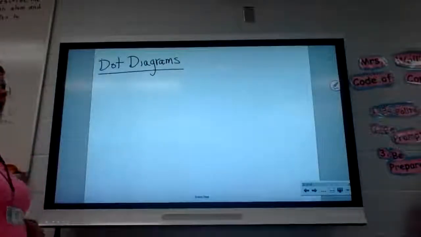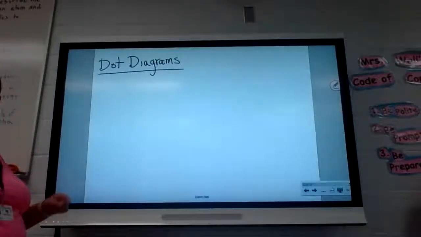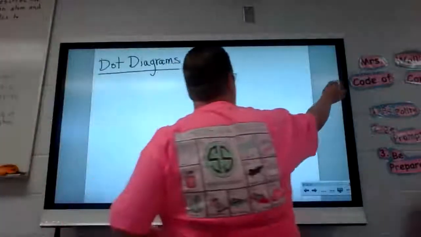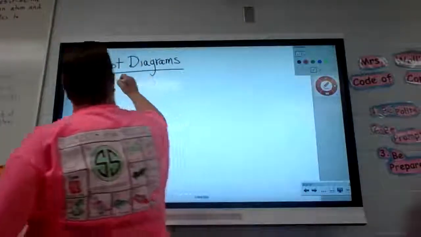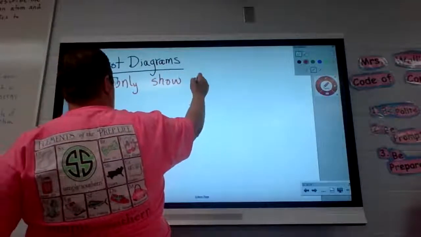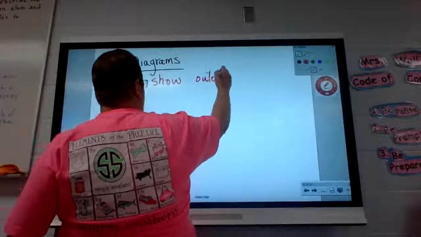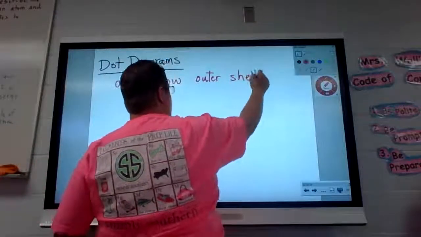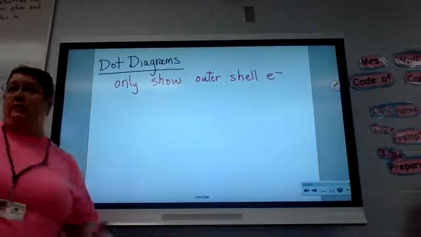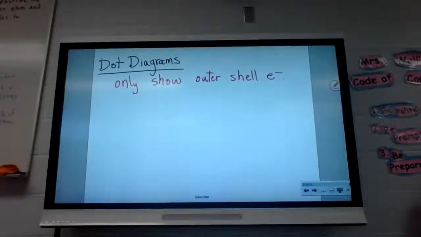Now, dot diagrams are different from orbitals and electron configurations because these only show outer shell electrons. Orbital notations and electron configurations showed all the electrons, every electron they had.